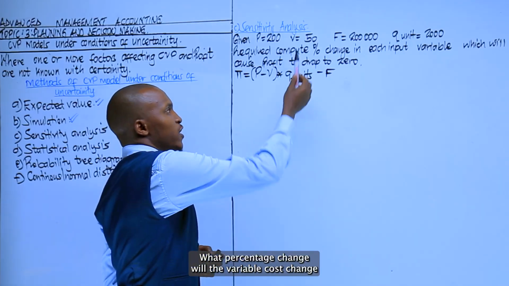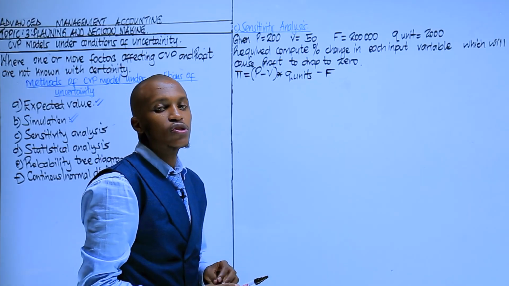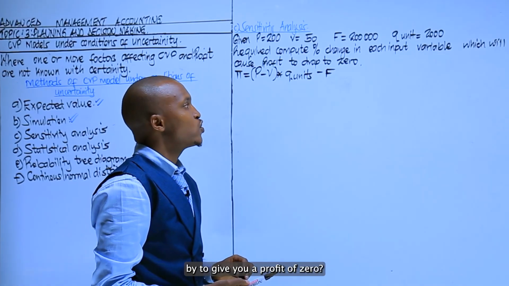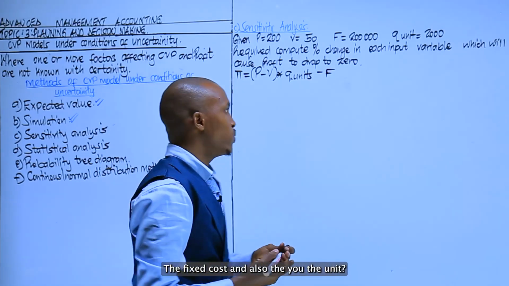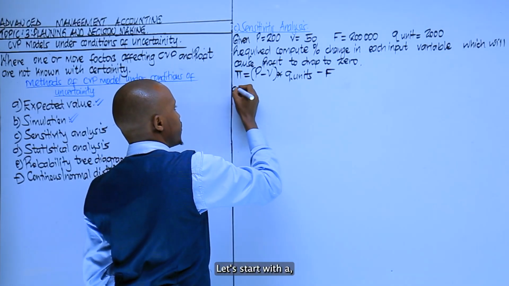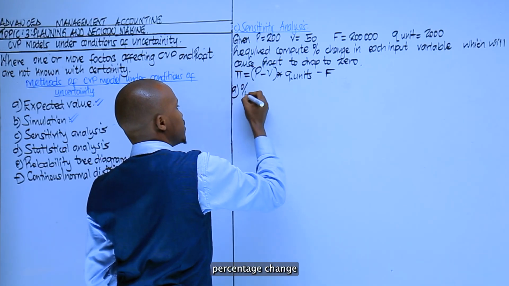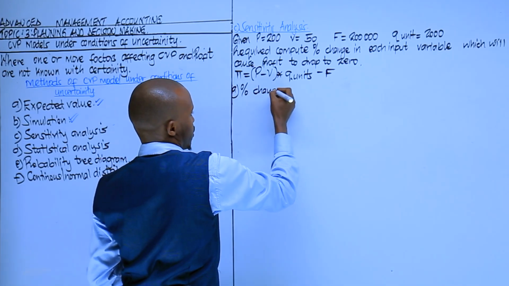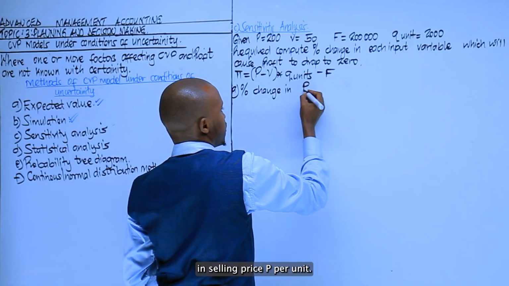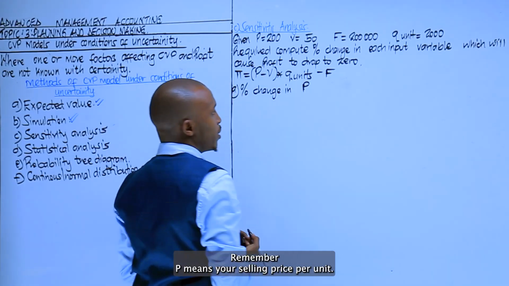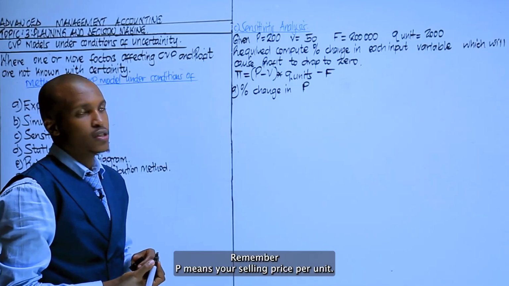What percentage change will the variable cost undergo to give you a profit of zero? The fixed cost and also the units. Let's start with A, percentage change in P, the selling price per unit. Remember, P means your selling price per unit.